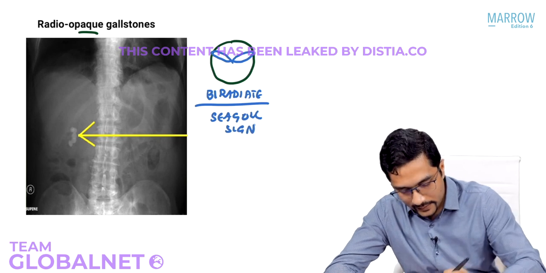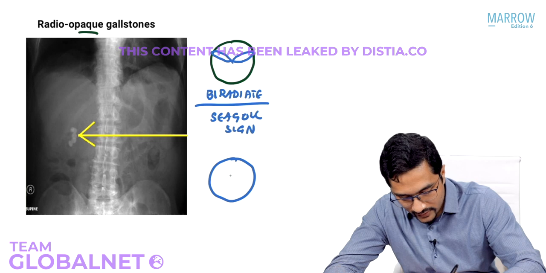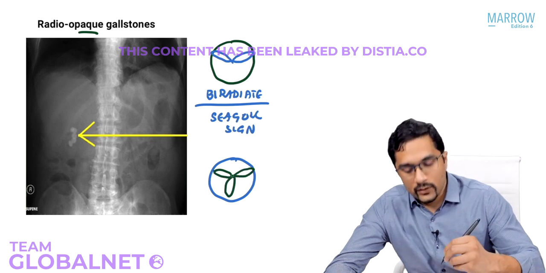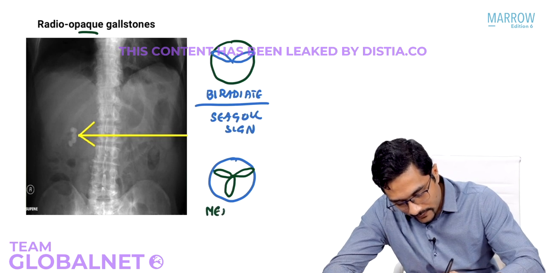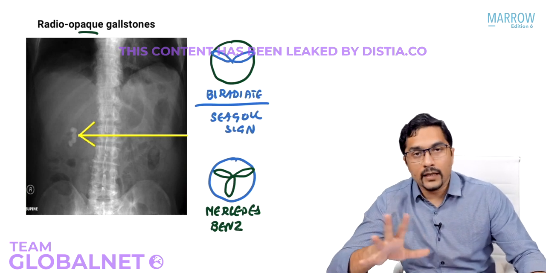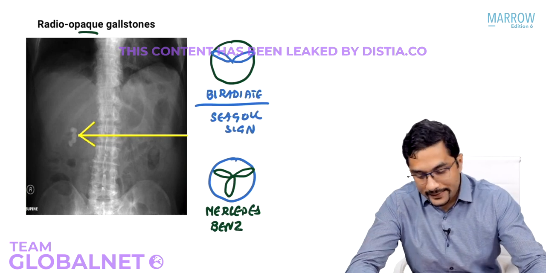Or if it's a triradiate gallstone, then you can get a Mercedes-Benz sign. So these are the two signs which are seen in radio opaque gallstones, but they are only 10%.